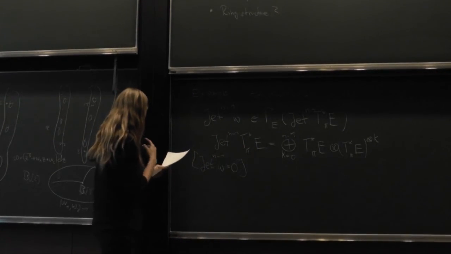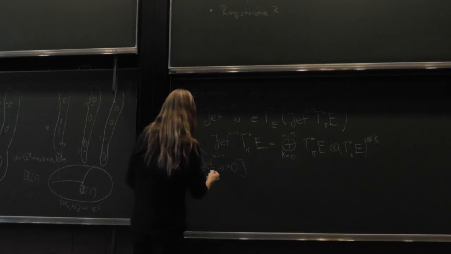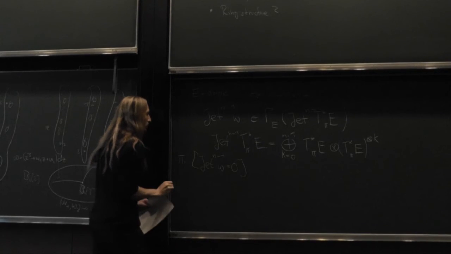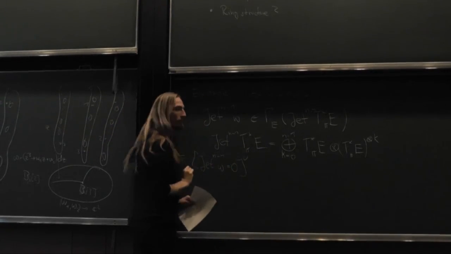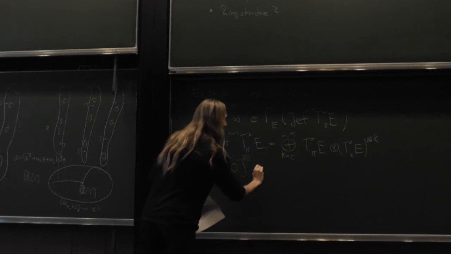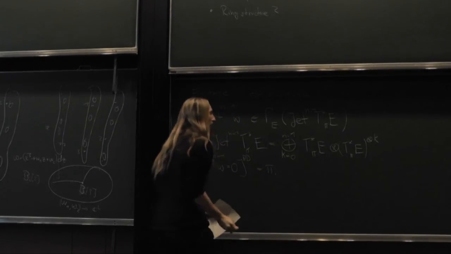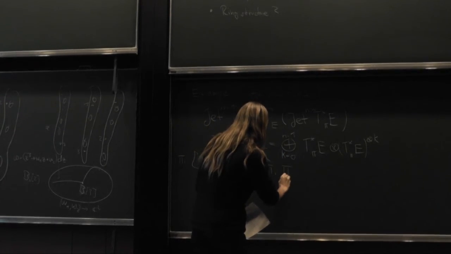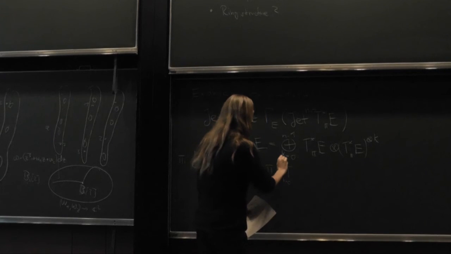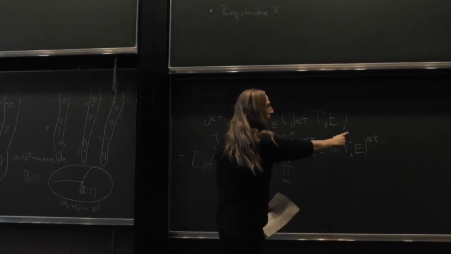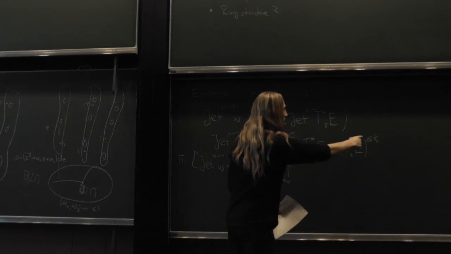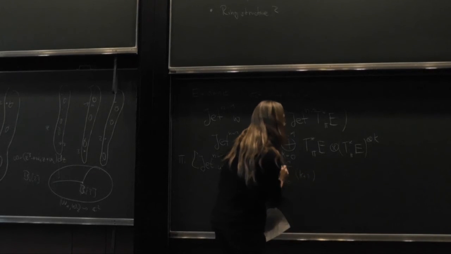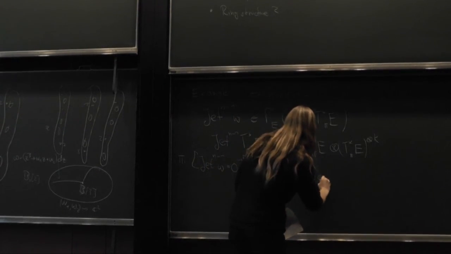So if I look at the locus downstairs, what I'm interested in is pi shriek of the Poincaré class of this. What is this? This is pi shriek of the Euler class of this bundle. Now we know how to compute Euler classes. Sums become products, products become sums. So how many factors do we have here? k plus 1. So this is k plus 1 times the Euler class of this here.